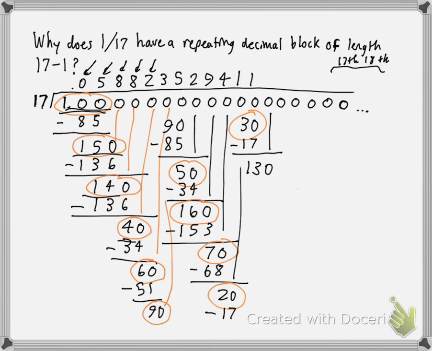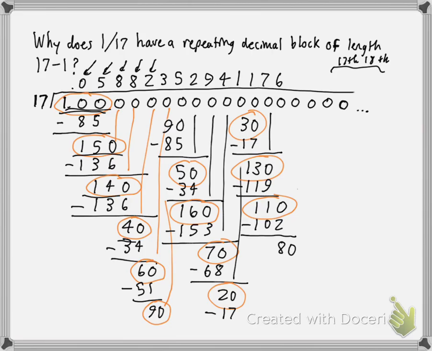Another distinct multiple of 10 pops up. 17 times 7 is 119. So we go into it with that quotient, and then the remainder is going to be an 11. 130 minus 119 is 11. Carry down the 0. Okay, we've got another distinct multiple of 10 that we haven't run into yet. 17 times 6 is 102. Put the 102 there and subtract. So 110 minus 102, that's going to be an 8.